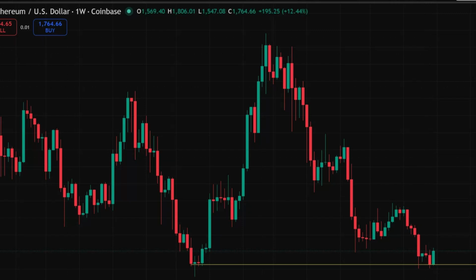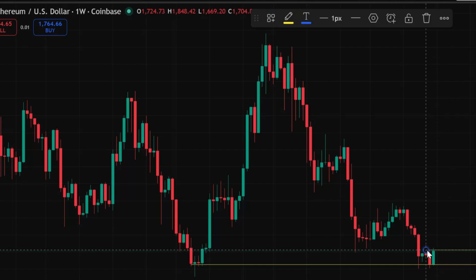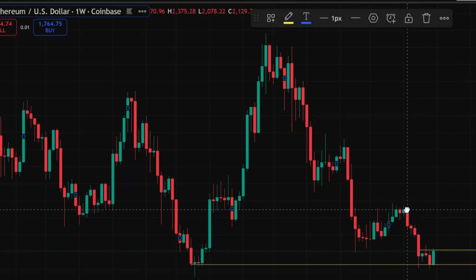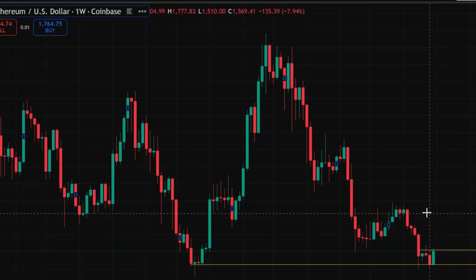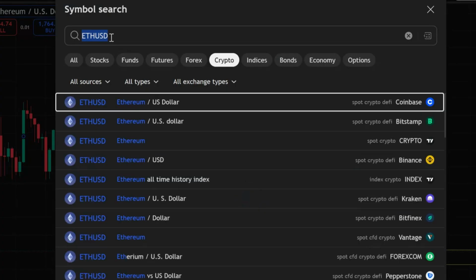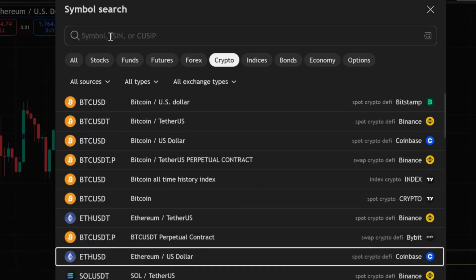If this point is broken from here, expect the market to reach this point, 2371. Okay, breaks here, makes a retest, then goes up. But know that on the cryptocurrencies, the Bitcoin is the one that dictates everything.